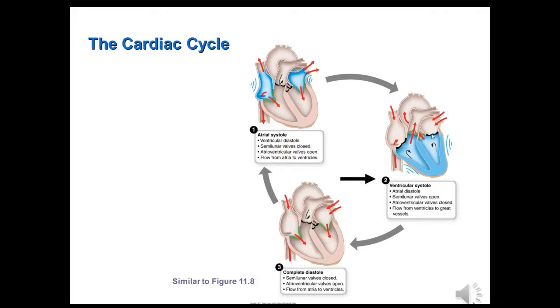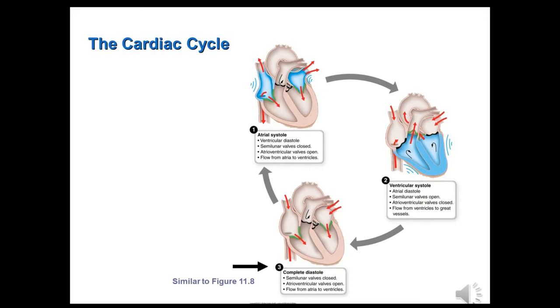Also notice that the tricuspid and the mitral valves close so we don't get backflow of blood back into the atria. After the ventricles contract, they relax, and now we have blood flowing from the atria back into the ventricles.